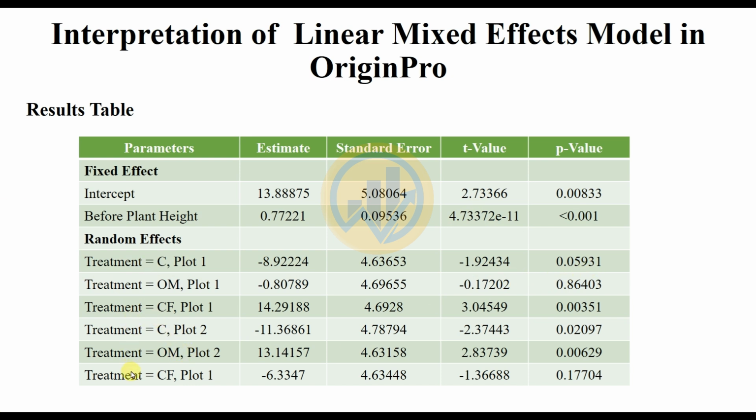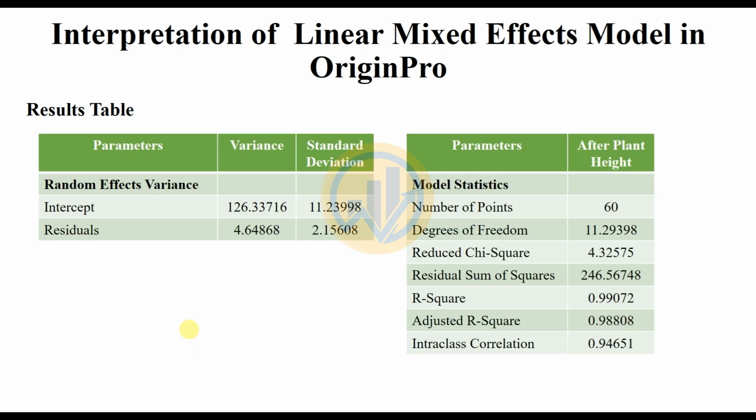So totally there are 6 combinations: treatment control and plot 1, treatment organic manure and plot 1, and treatment chemical fertilizer plot 1. The next table covers the random effect variations, and the model statistics table presents the R squared and adjusted R squared values also.